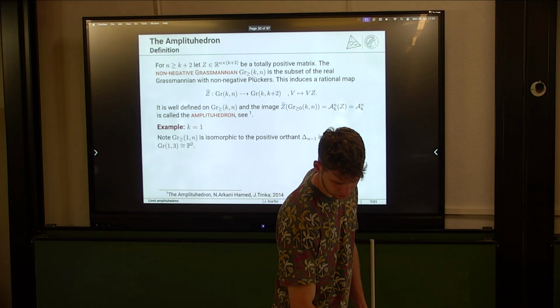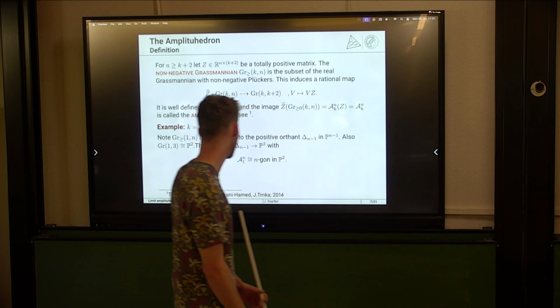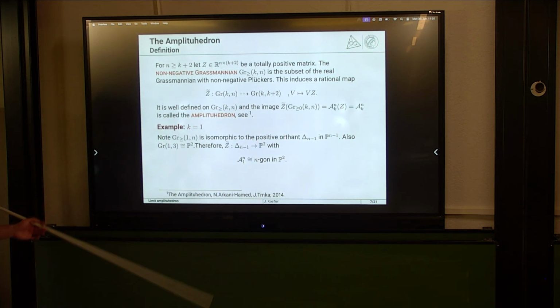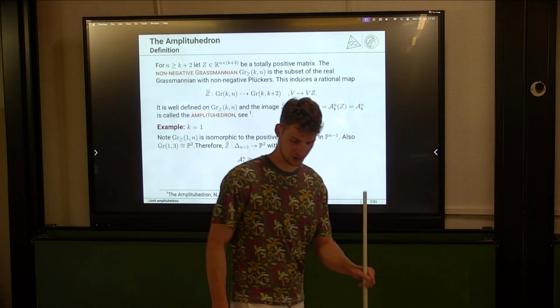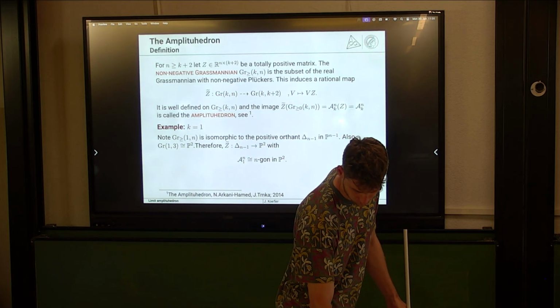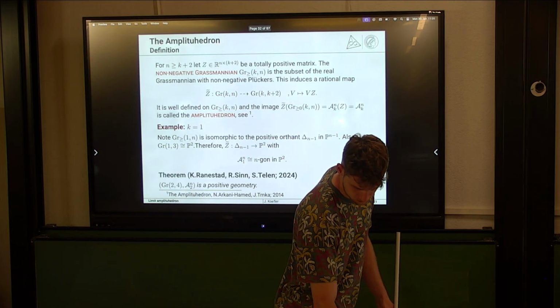Okay, so here's an example, but this is the silly example where I choose k equals n, and this is really just an n-gon, so you've already seen an amplituhedron today on the blackboard, or on the screen.